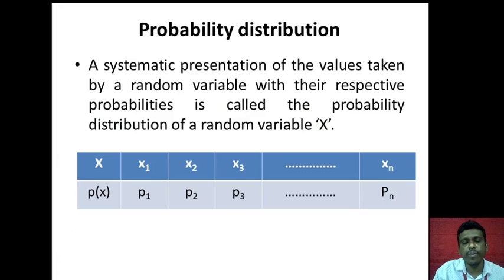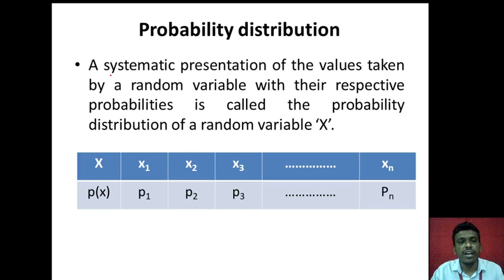Now what is probability distribution? In the first example also I showed you a table where x took various values. X can take 0, 1, 2 when you toss a coin, where x is the number of heads observed. The table which gives the probabilities of each and every outcome in the sample space is nothing but the probability distribution.